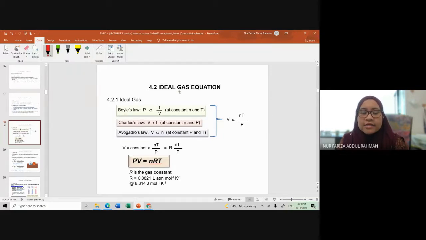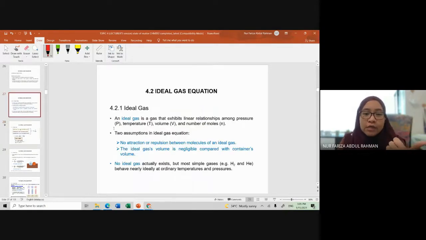Ideal gas is a condition. In order to behave ideally, in order to become an ideal gas, we neglect the attraction or repulsion between the molecules of gas, and the volume of the gas particles is negligible.